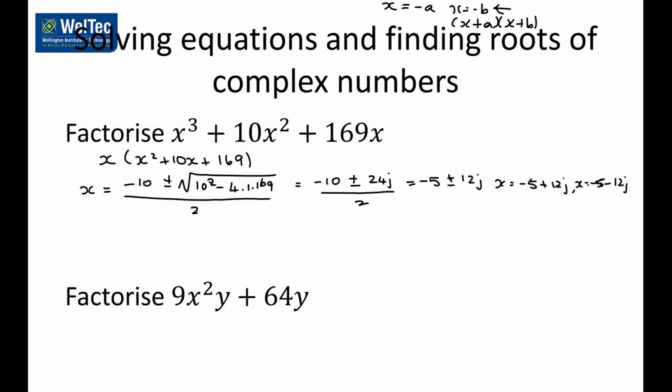So now we need to create the brackets. So the brackets must have been x minus the first root and x minus the second root.